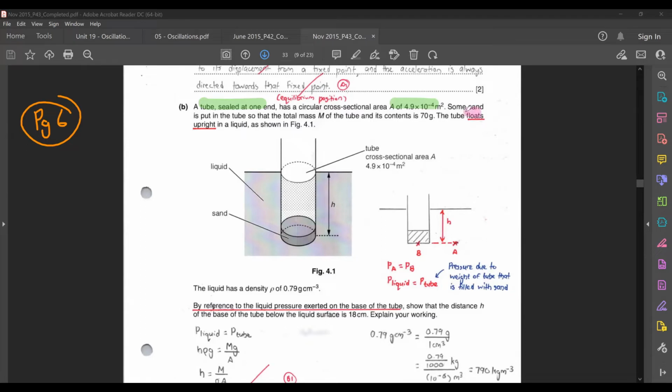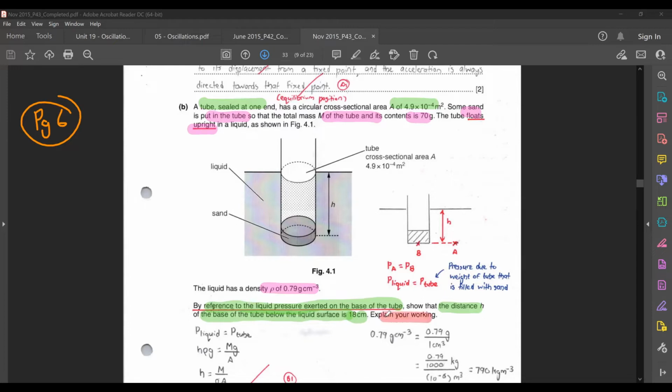Some sand is put in the tube so that total mass m of the tube and its content is 70 grams. The tube floats upright in a liquid as shown. The liquid itself has density rho equals 0.79 grams per centimeter cube. By reference to the liquid pressure exerted on the base of the tube, show that the distance h of the base of the tube below the liquid surface is 18 centimeter.